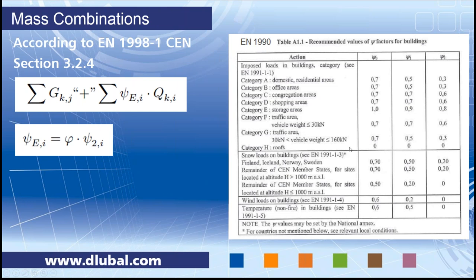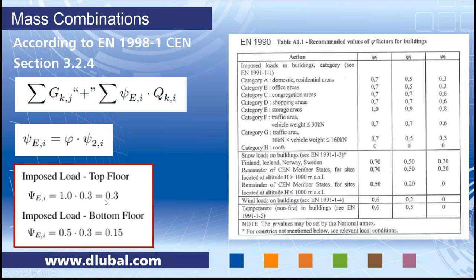And just to show you the values of ψ2, that's the last column here, we have to apply a value of 0.3 in case of category A and B. So that's our mass case type. So we have to calculate 1 multiplied by 0.3 for the top floor, and for the bottom floor we apply the 0.5 here. So 0.3 and 0.15.